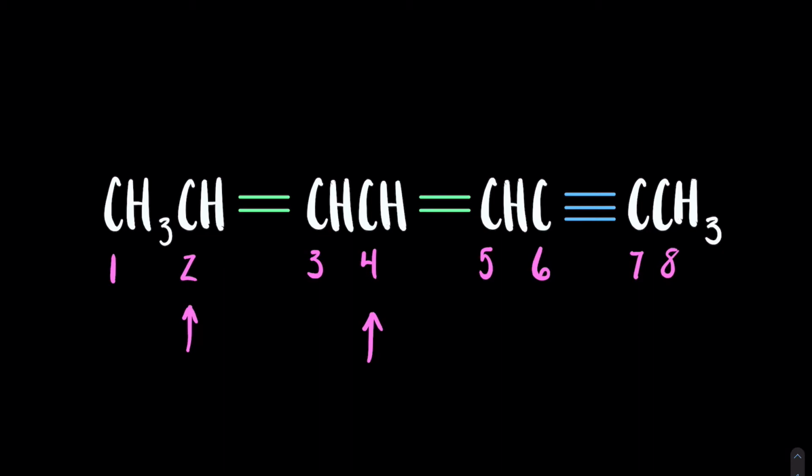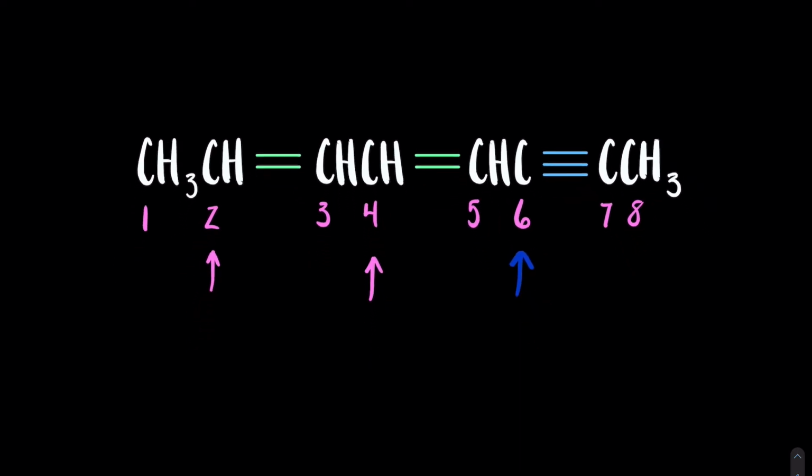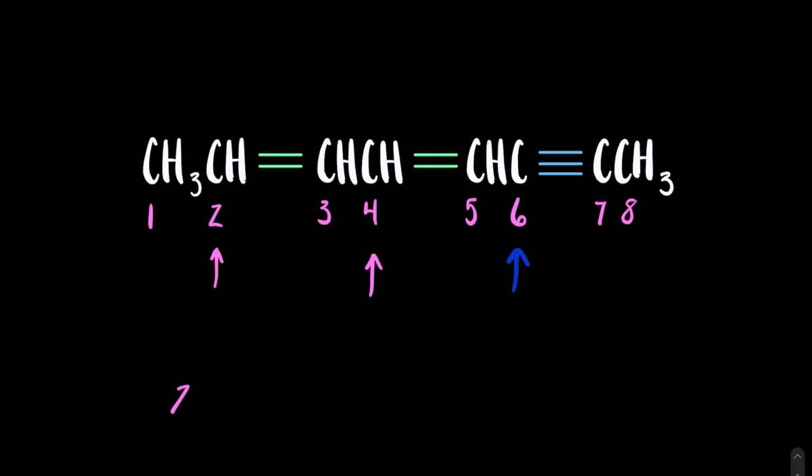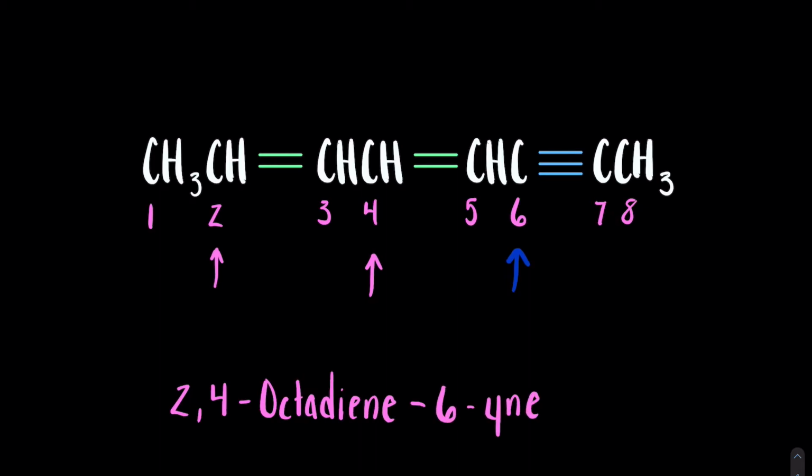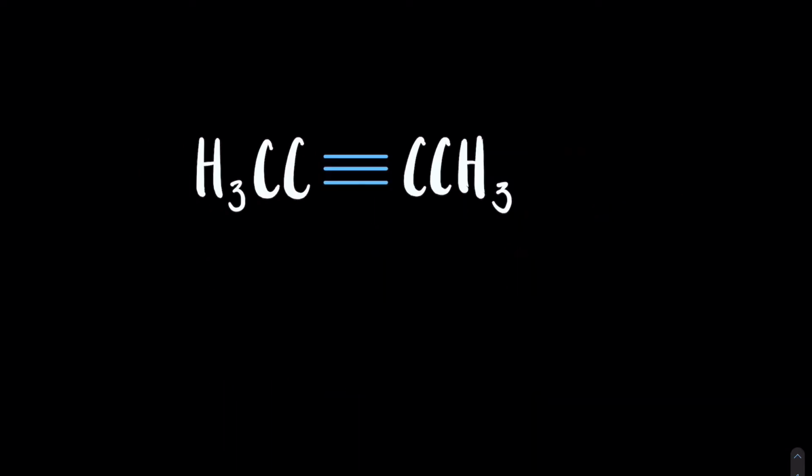And we have the triple bond on the sixth carbon atom. So when we name this, we're going to go 2,4-octadien, and this gets weird, 6-yne to recognize the triple bond that is in the compound. 2,4-octadien-6-yne.